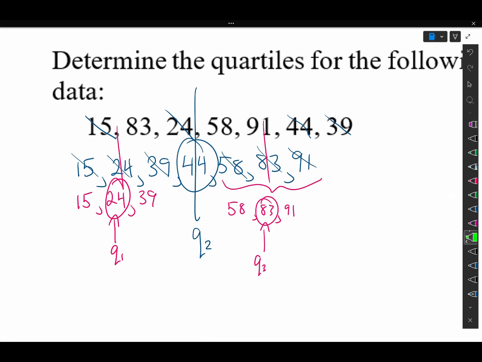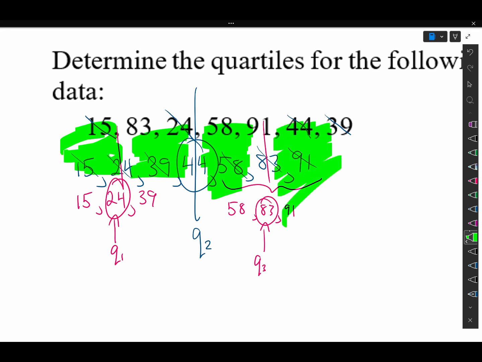We have one quarter that is below Q1, a second quarter that is below Q2 but above Q1, a third quarter between Q2 and Q3, and a fourth quarter above Q3. That's why we call them quartiles. Quartiles split our data up into four pieces.